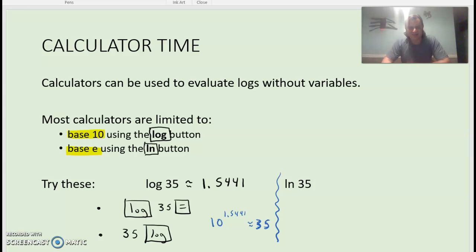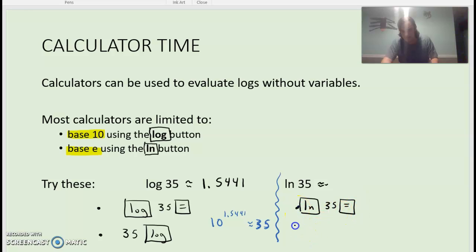So the other button you have is base E. So let's do the same number. Natural log of 35, which means it's understood to be base E. So very similar here. Some of you have the ln button. You'll type in 35 and equals.